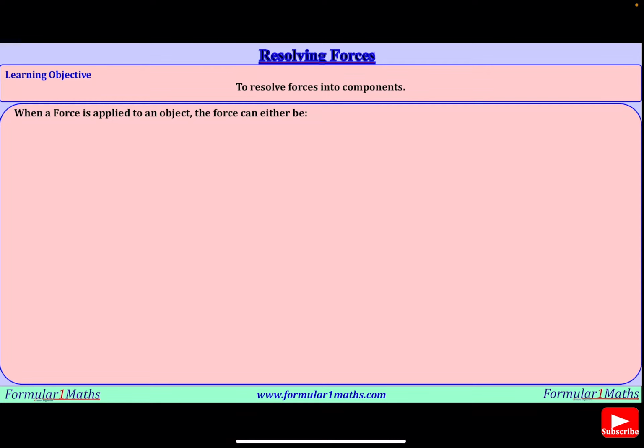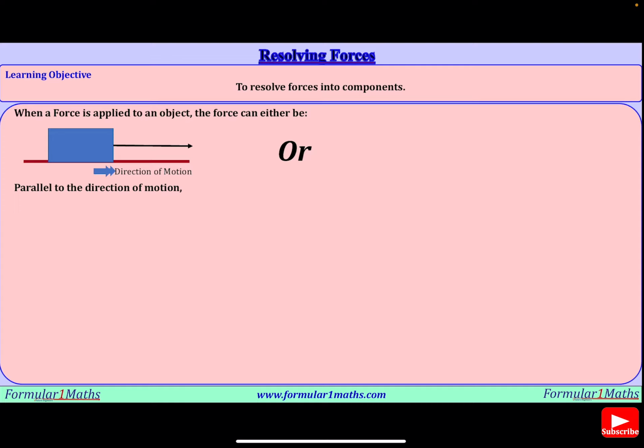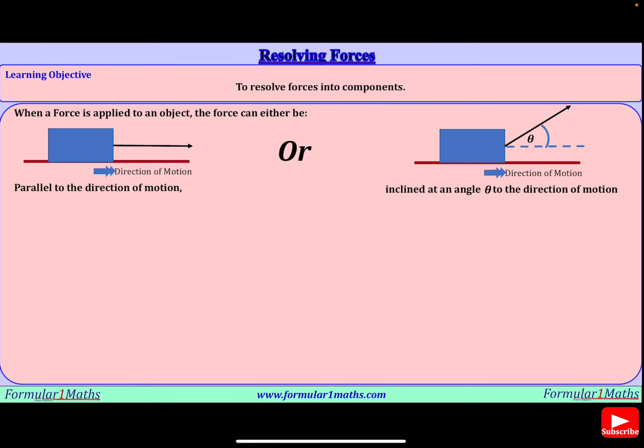When a force is applied to an object, the force can either be parallel to the direction of motion, or the force can be inclined at an angle theta to the direction of motion. When a force is inclined at an angle to the direction of motion, it can sometimes be difficult to work with.